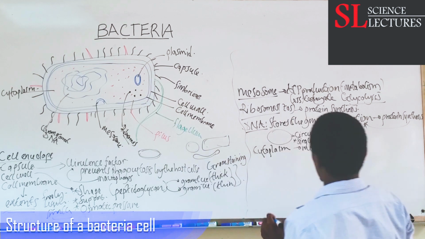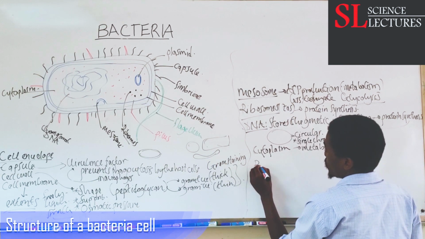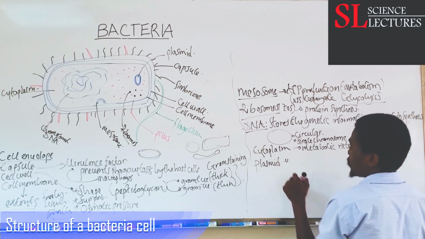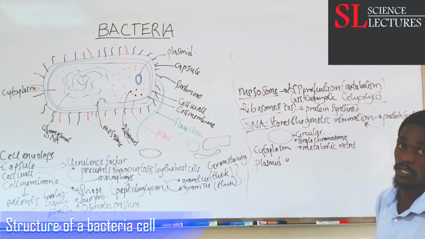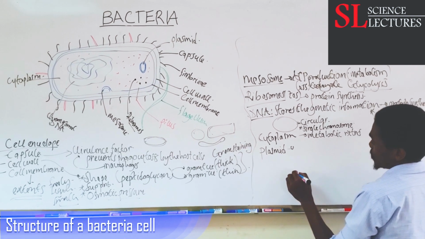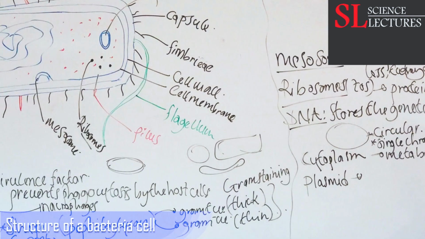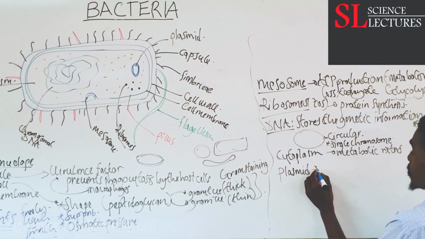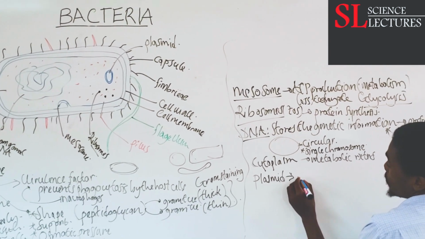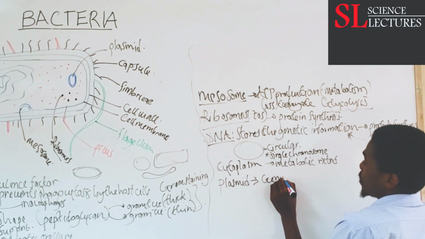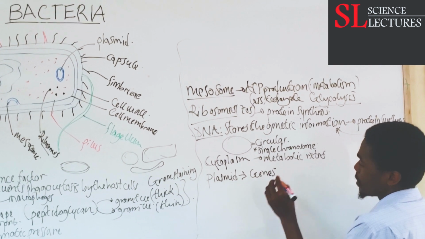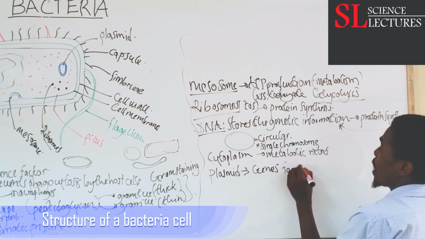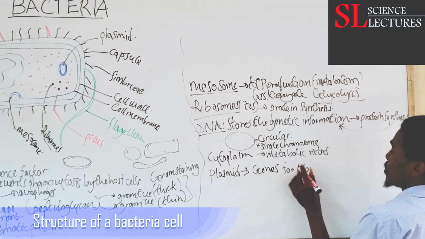Then finally we have a structure known as the plasmid. The plasmid is very vital for these bacterial cells, because it is like an extra chromosomal DNA. This plasmid can have special genes that are helpful in survival of the bacteria, for example, genes for antibiotic resistance.